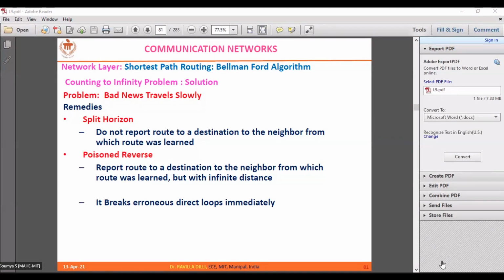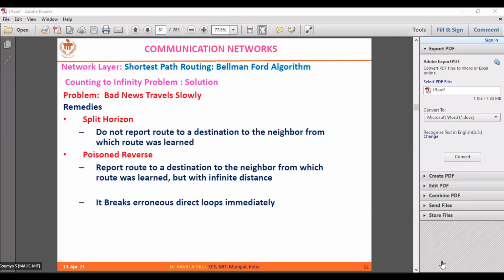Right? So what I have is already based on what you had earlier. Now again you're updating using what I'm sending to you again. So this is going to cause an infinite loop, right? So the split horizon method says that you don't report the route to a destination to a neighbor from which you had learned the route earlier.